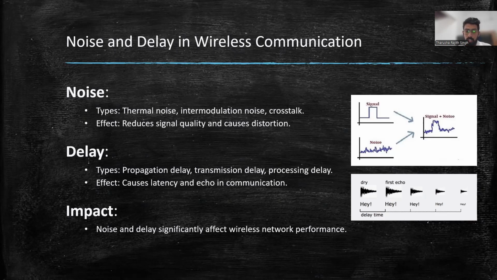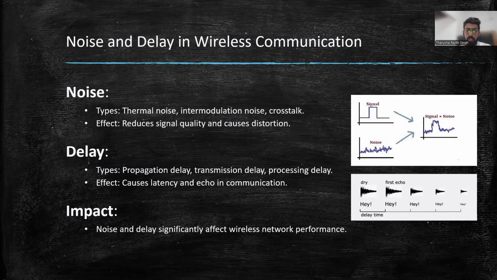Transmission delay is the time required to push all the bits of a packet onto the link. Processing delay is the time taken by network devices such as routers or switches to process the packet headers. As shown in the second image, delay can cause echo effects, where the signal is reflected back, creating multiple copies of the original signal.